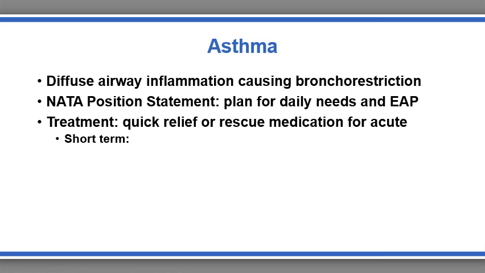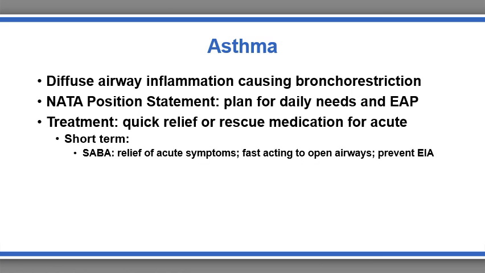Okay, so you have your short-acting beta agonists, commonly known as your rescue inhalers. They are used as fast-acting drugs to open the airway. Many times they're also used in the prevention of exercise-induced asthma or exercise-induced bronchospasm. The short-acting beta agonists, also known as short-acting beta 2 agonists, look to relax the bronchial smooth muscle.